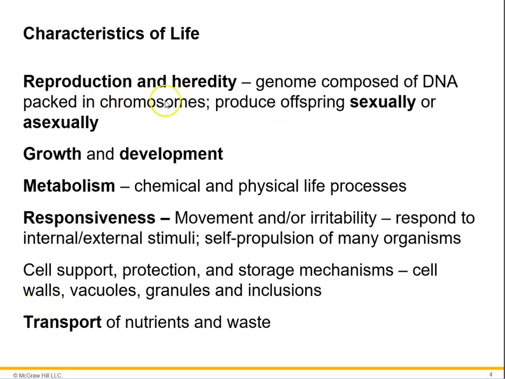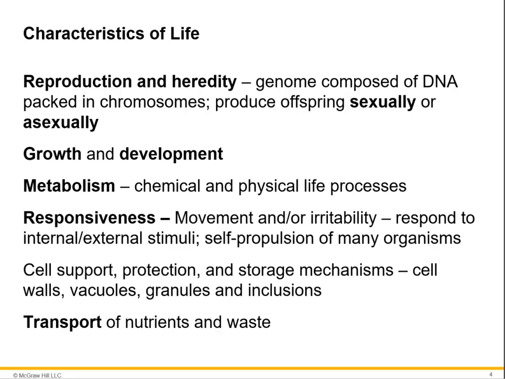Okay, so all living things are going to be able to reproduce and show some sort of heredity, which is basically the ability to pass on one's genome to the next generation. These organisms are going to have a genome composed of DNA packed in either one or more chromosomes. Many bacteria just have one.